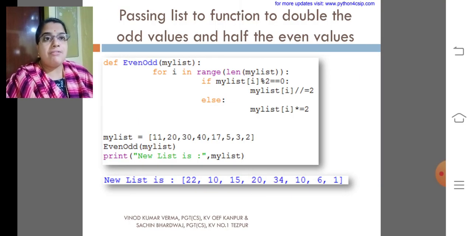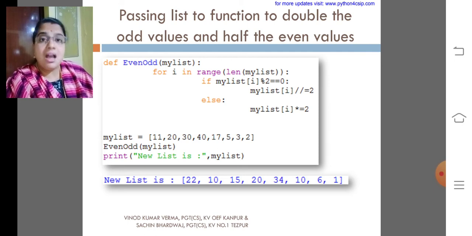Passing a list to a function to double the odd and halve the even values. So we are trying to pass 11, 20, 30, 40, 17, 5, 3, 2 as the list value. And we are trying to get the even and odd values.